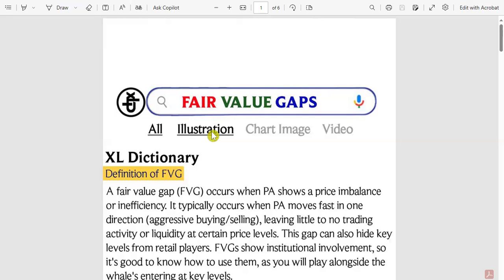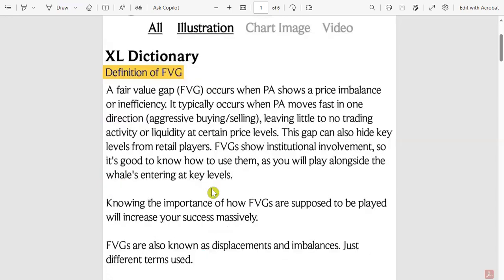We should start by trying to understand what exactly a fair value gap is and how we can use it. Fair value gaps occur when price action shows a price imbalance or inefficiency. In other words, fair value gaps can also be called imbalance or inefficiency.